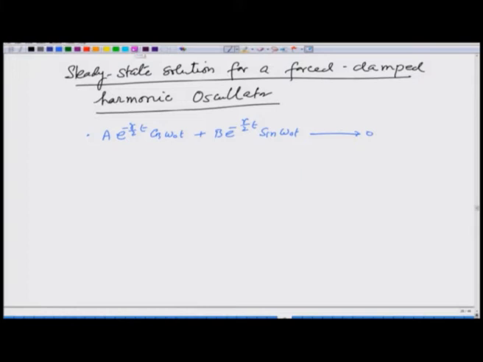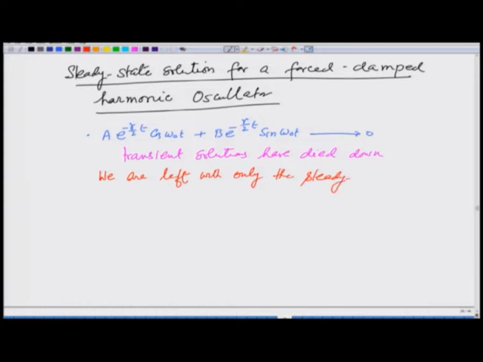So, let us write this: transient solutions have died down and we are left with only the steady state solution, and by solution means this is the kind of motion I am going to now observe.